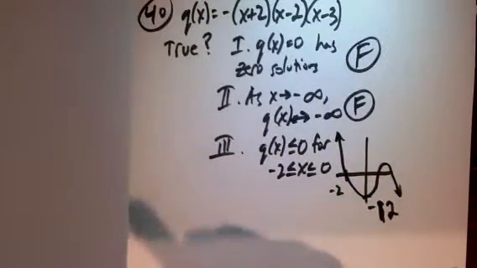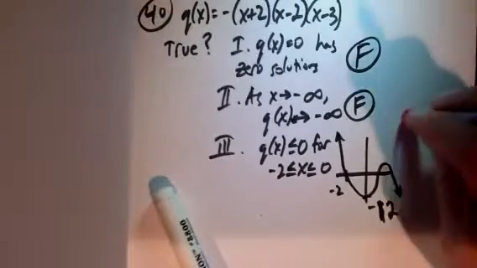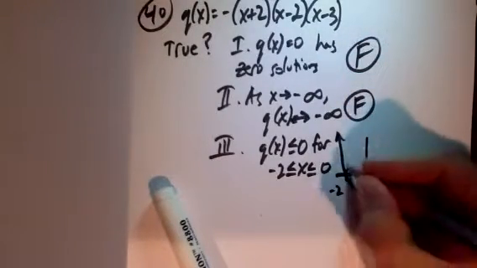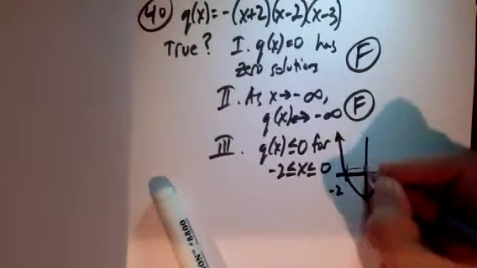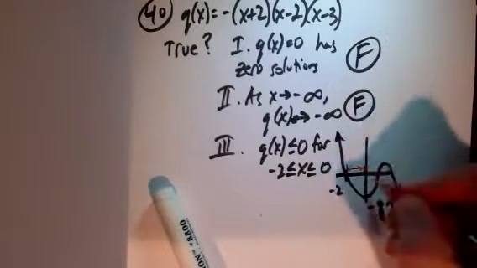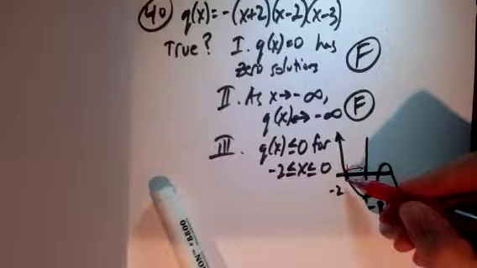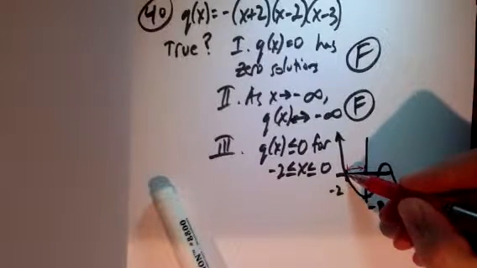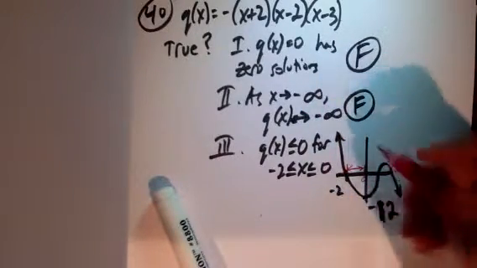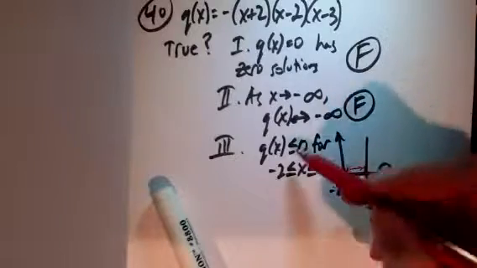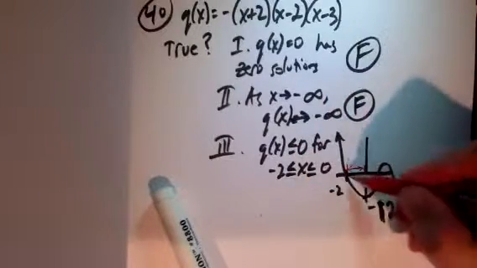But the part that we care about is this part right here. When x is less than or equal to 0 and greater than or equal to -2. So is the function less than or equal to 0 over that interval? And yes, it's true.